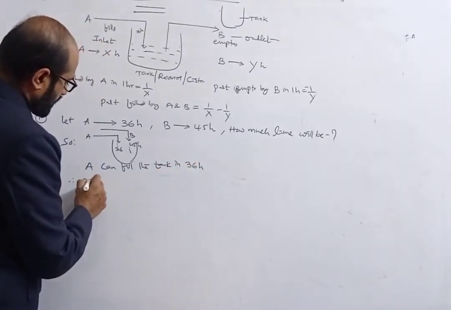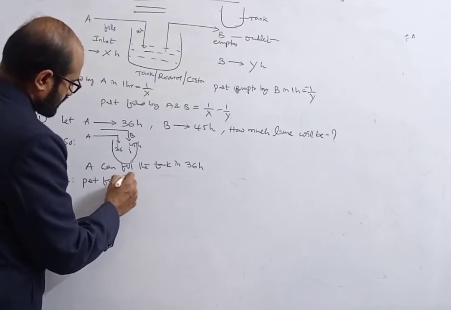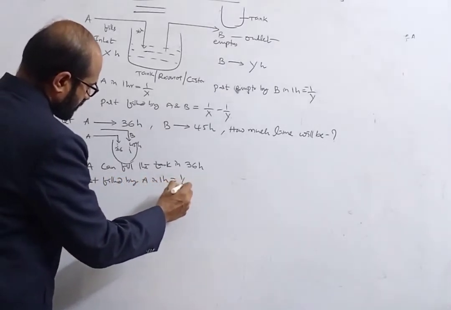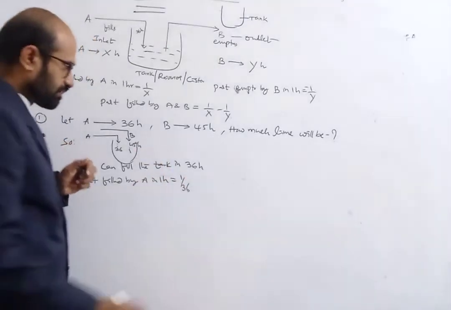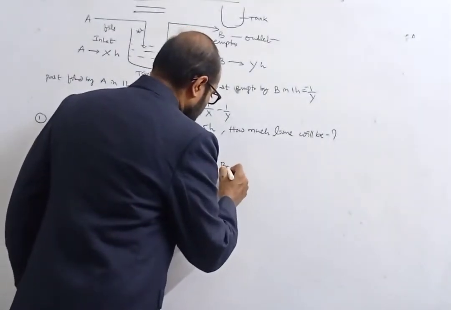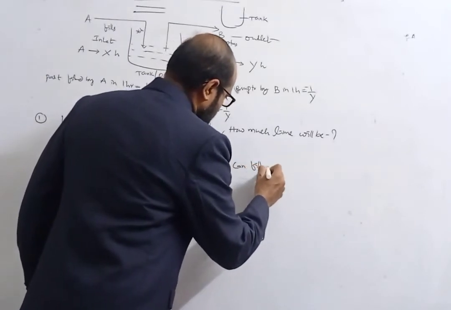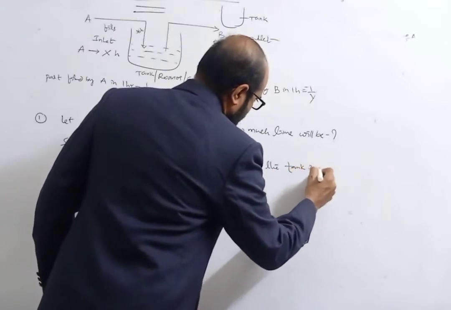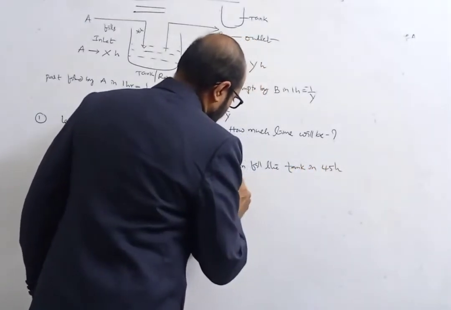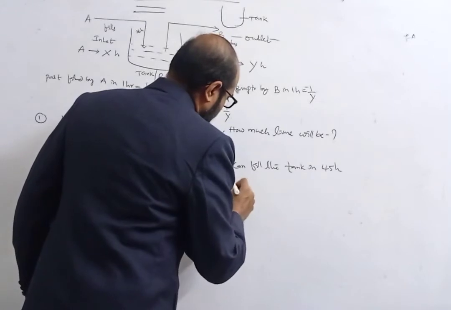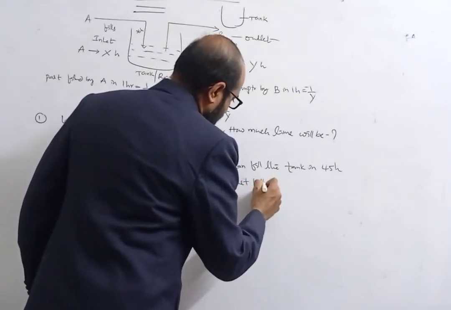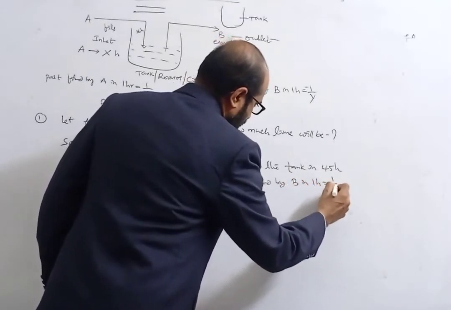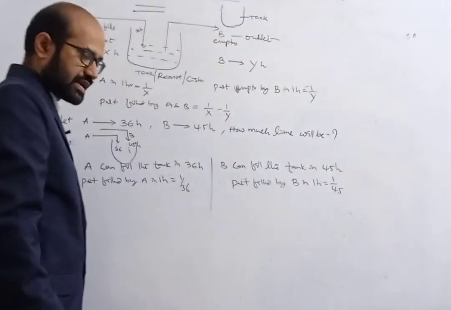Therefore, the part filled by A in 1 hour is 1 by 36. Very clear. Similarly, B can fill the tank in 45 hours. Therefore, the part filled by B in 1 hour is 1 by 45, right?